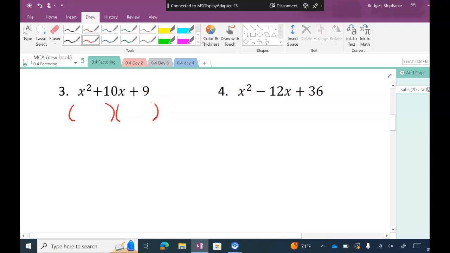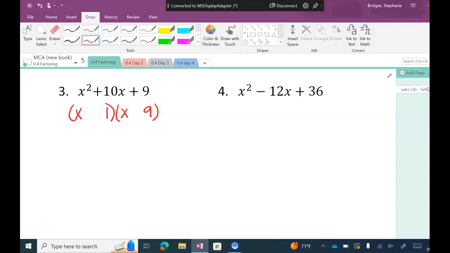So when we factor, what we're doing is we're setting up 2 parentheses. We're breaking this thing down into 2 binomials that multiply to give me that answer. The first term, x squared, can be separated into 2 equal parts by putting x and x. And then you told me 1 and 9 are the 2 numbers that multiply to give me 9 and add to give me 10. Okay. This plus sign right here also tells me about my signs.